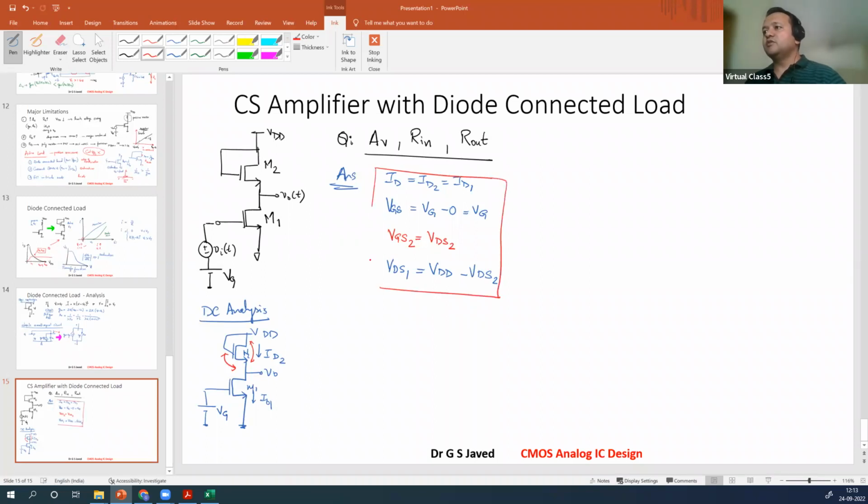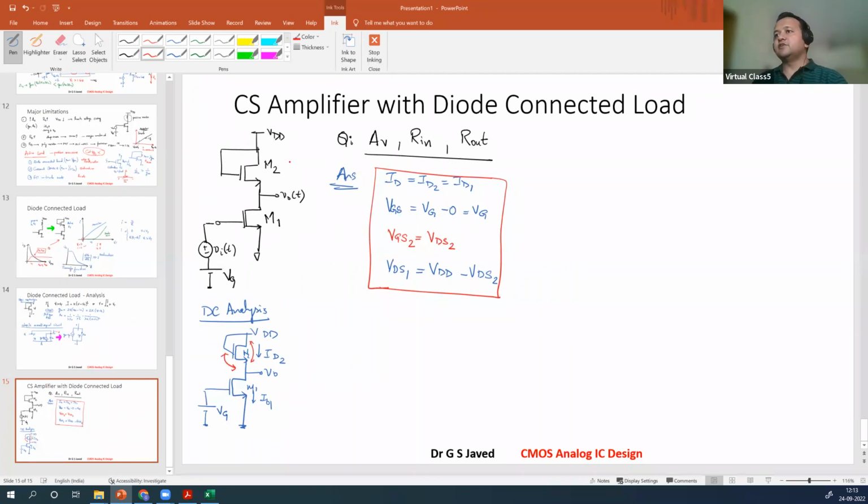So we have found out VG, VD, ID. What is pending? VGS of M2. We know that diode connected devices are at the edge of saturation at all times, right?